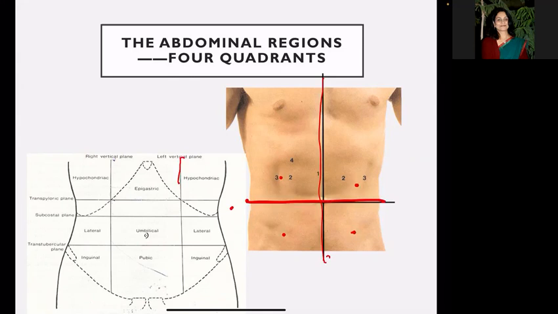abdomen or anterior abdominal wall into 9 quadrants, into which 2 lines pass vertically downward from the mid-clavicular point to the mid-inguinal point, and 2 lines that are horizontal.